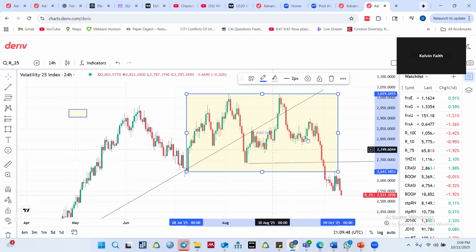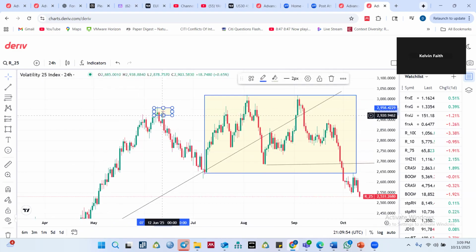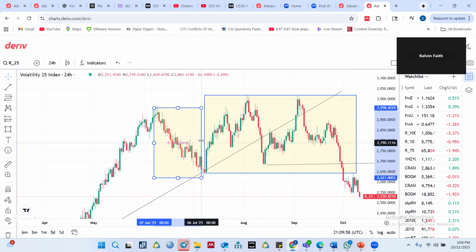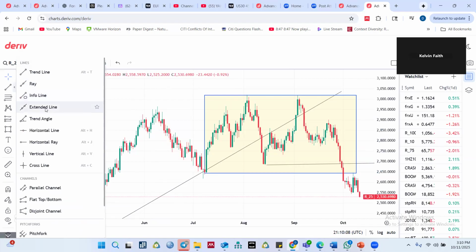We didn't have this price action yet, because I cannot play back. So let's say we just had price hit here and then it dropped. The moment you see a significant drop like that, you have to put a line.